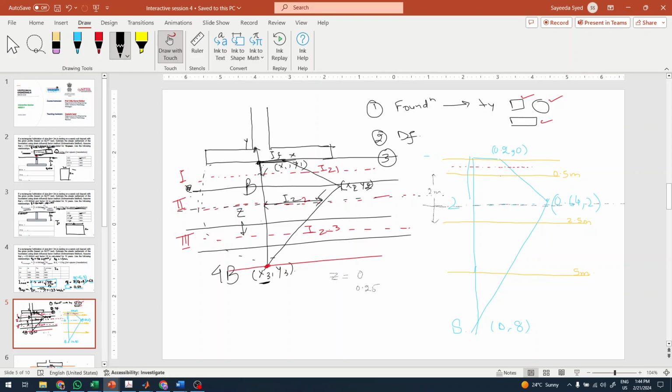If this is 2 and then this is 1.5, this will be at 1.75, the center for this.